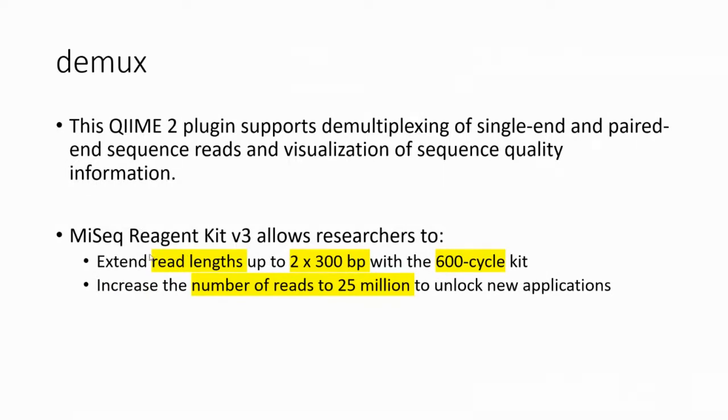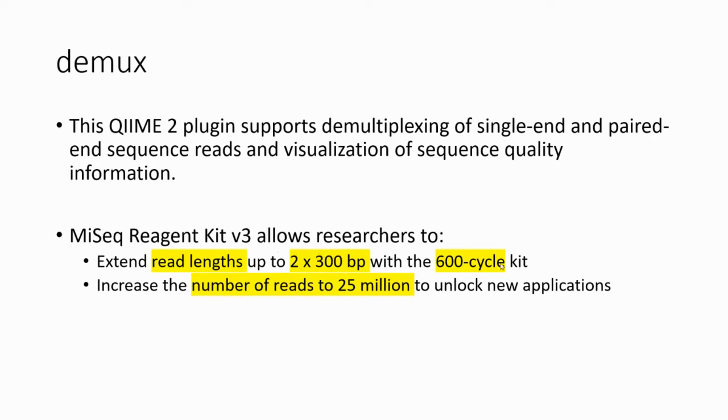So for today's sample, normally you will see it's a MiSeq, for example, MiSeq Reagent Kit v3. So you can have a read length of 2 times 300 base pair and a 600 cycle kit. That means this is paired-end, so you have 2 times, and each end is 300 base pair.